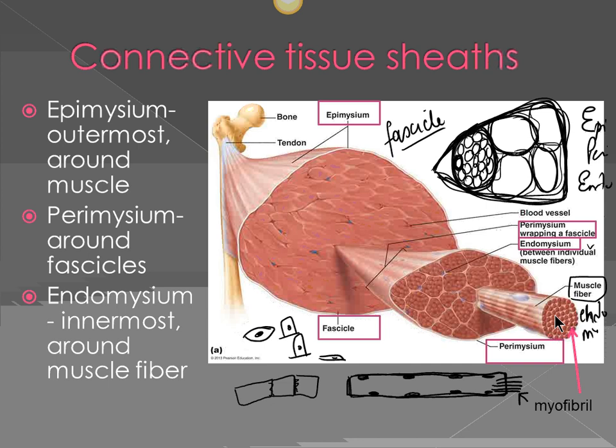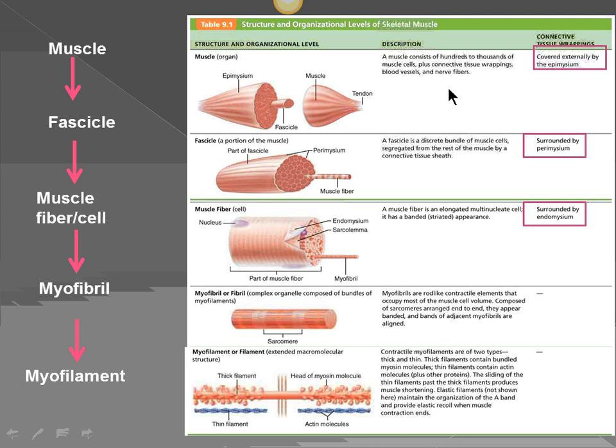But I want you all to think big first like this, which is why looking at these pictures becomes really important, and why I have this nice slide from your book up here. So here's how we divide it. First we have the big muscle, which was covered by epimysium.